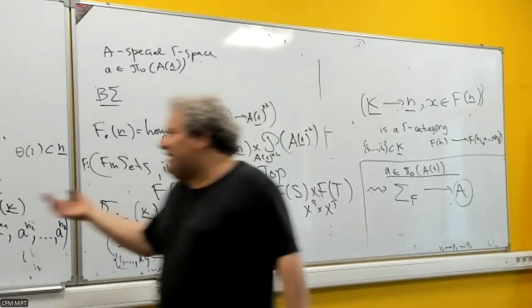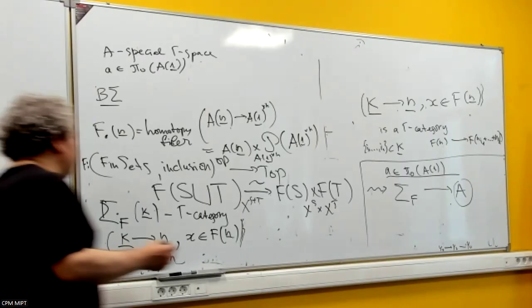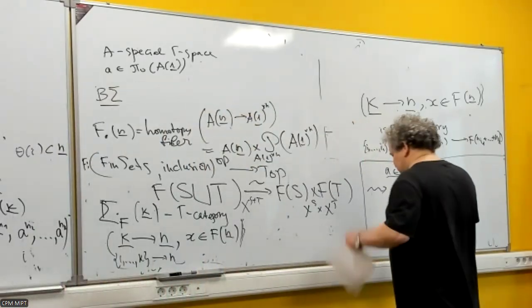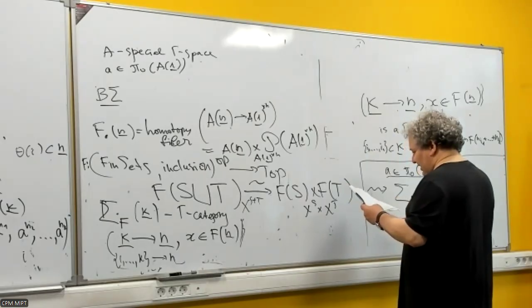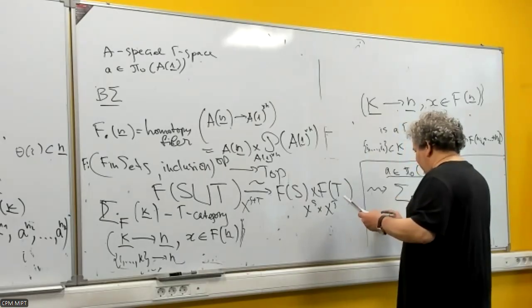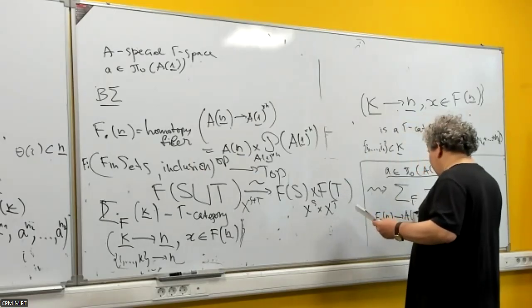And actually the idea is very similar to what I have here, because it can be said something like that we have Fa of n, as it is the homotopy fiber, it is mapped to A of n.